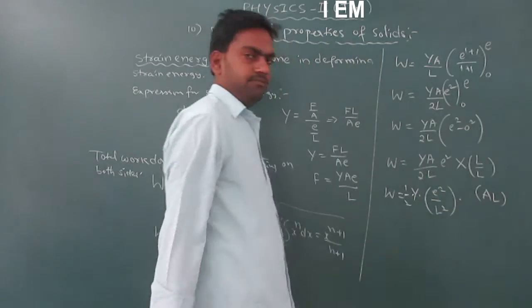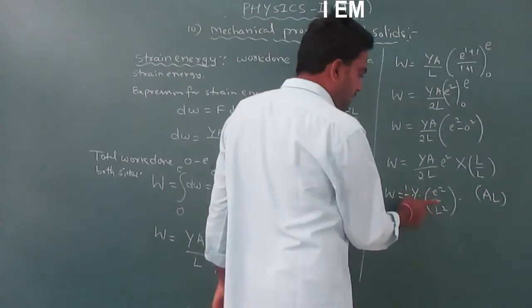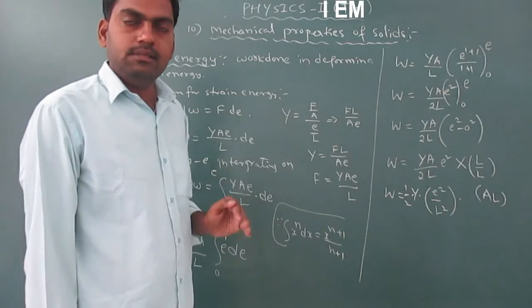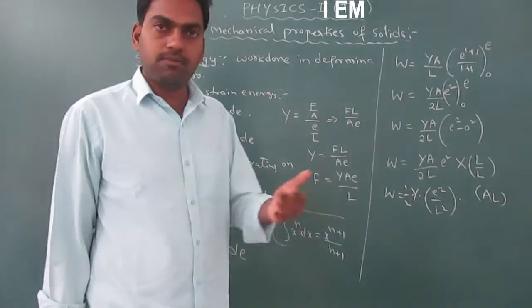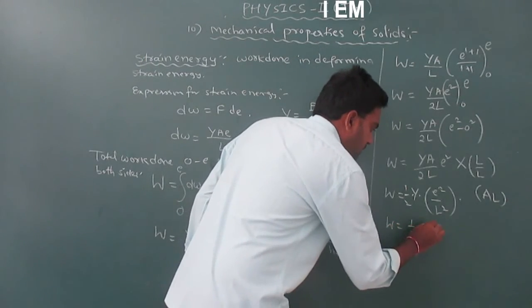Here E by L is nothing but the change in length by original length, which is called strain. E square by L square is strain square. So we can write W is equal to half into Young's modulus.